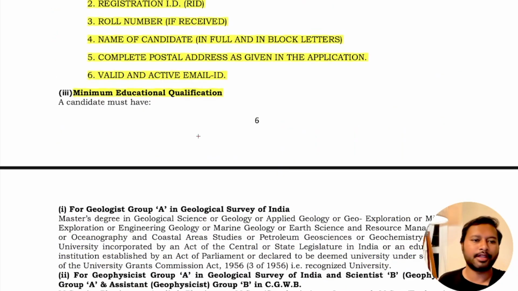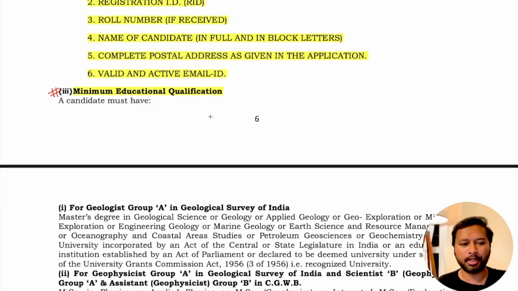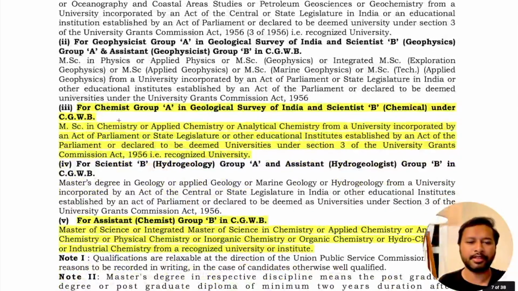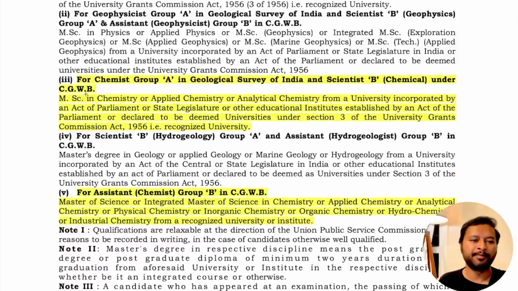The next thing is to know about the minimum educational qualification. What is the minimum educational qualification? Let's talk about the chemist position, group A in Geological Survey of India, and scientist B chemical. For the chemist position, what do you require?